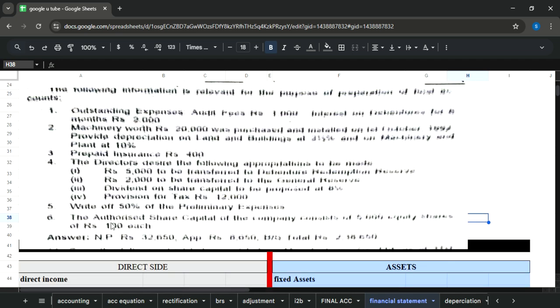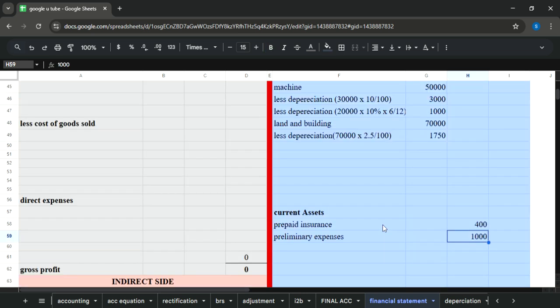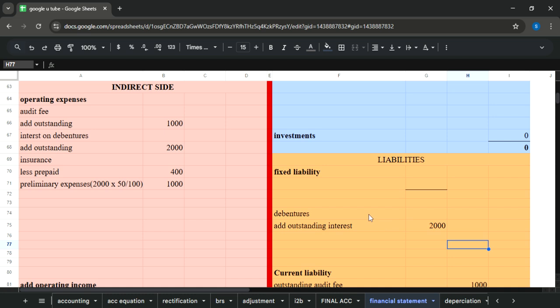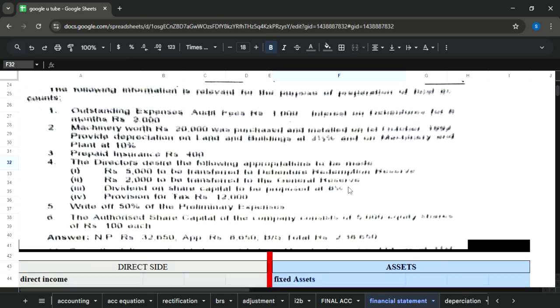Now sixth, authorized capital 5,000 of 100 each. So we'll go to fixed liability side, and here we will mention authorized capital, and we are told 5,000 number of shares, and each share has value of 100. Once again we can check it out.